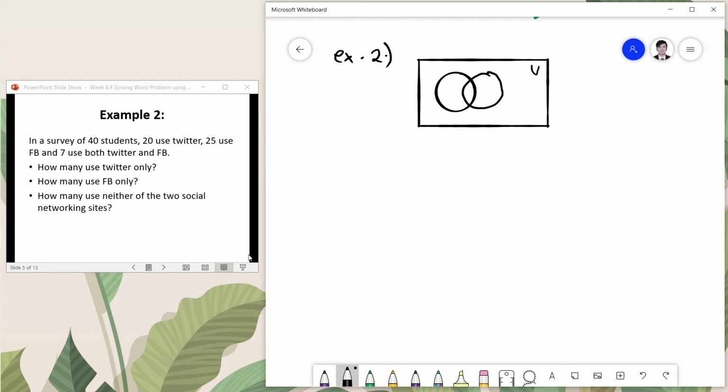Inside our two circles, you label one as F for FB, and the other as T for Twitter. Don't forget that the audience will not immediately understand the meaning of F and T. So you have to make a statement that will let us understand the meaning of those letters.